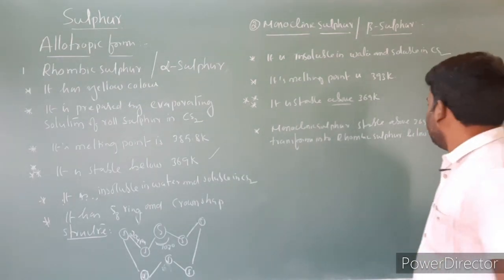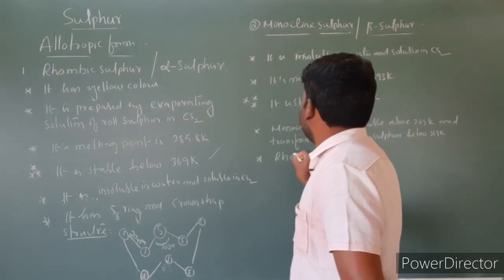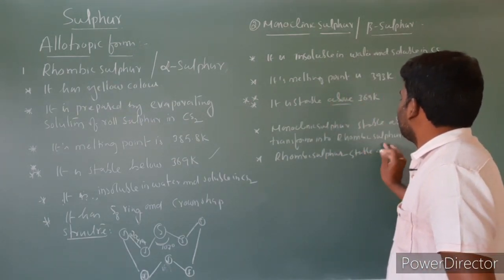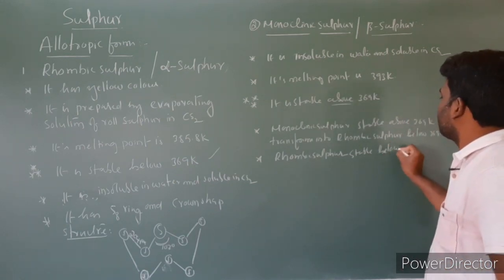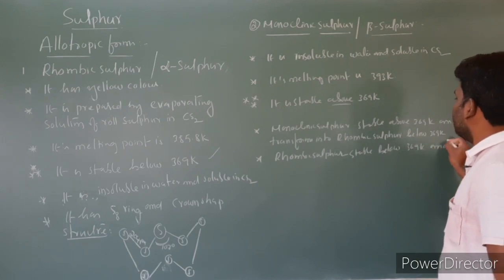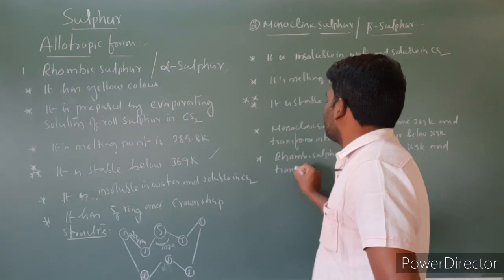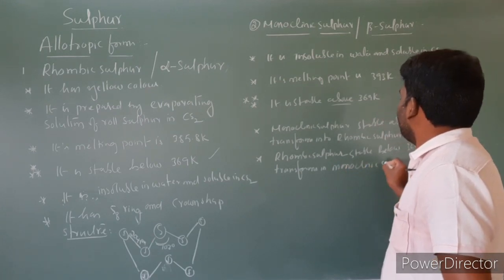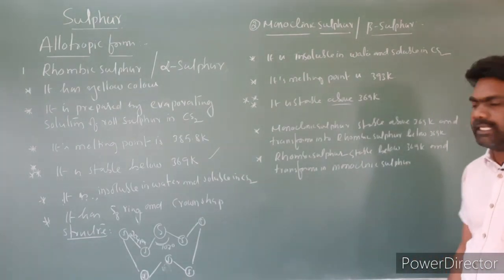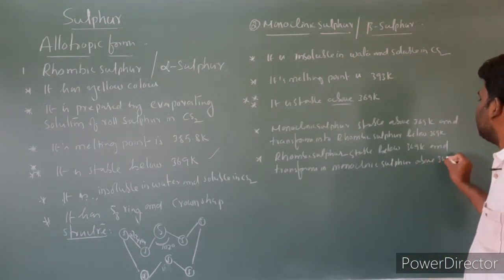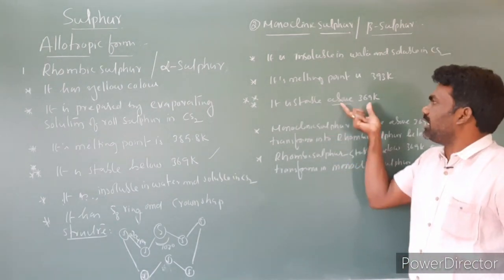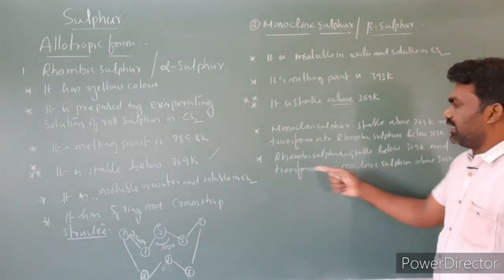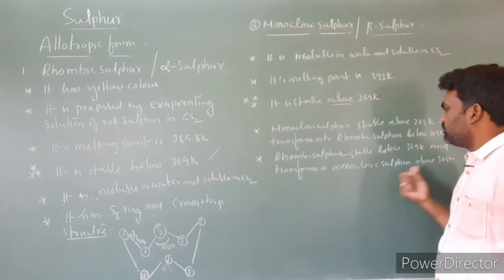And another important point is that rhombic sulfur is stable below 369 Kelvin and transforms into monoclinic sulfur above 369 Kelvin.